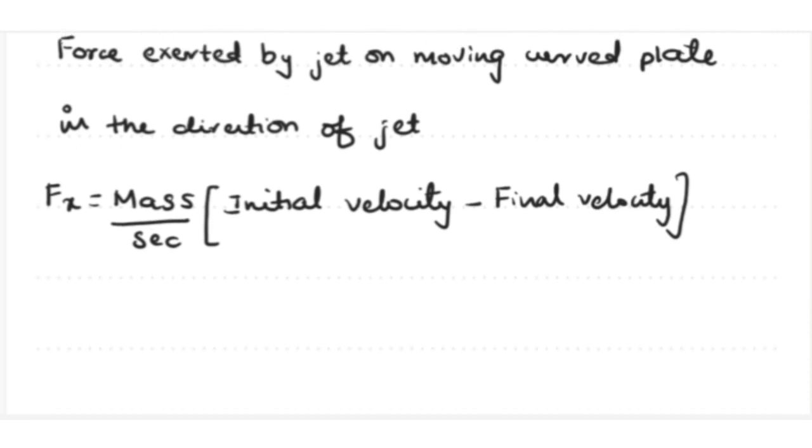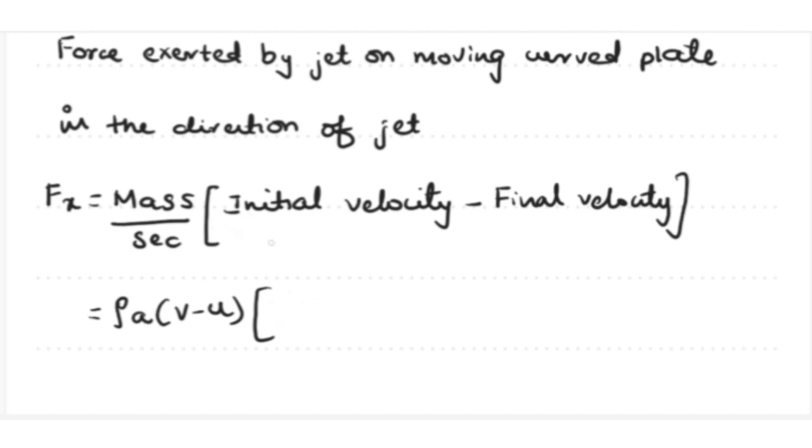Mass per second is nothing but density into area into velocity. So that is rho is density and A is the area of jet multiplied by the velocity, that is nothing but the velocity with which the jet strikes the moving plate. So that is nothing but v minus u, the relative velocity.